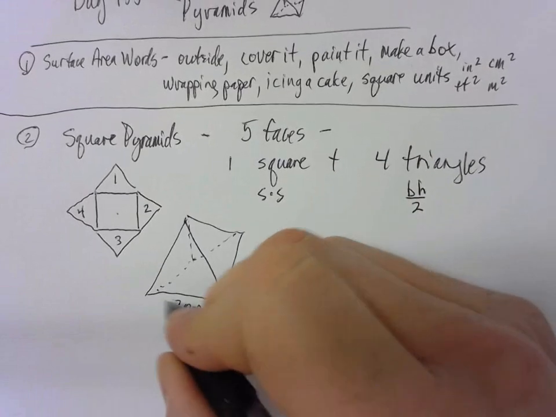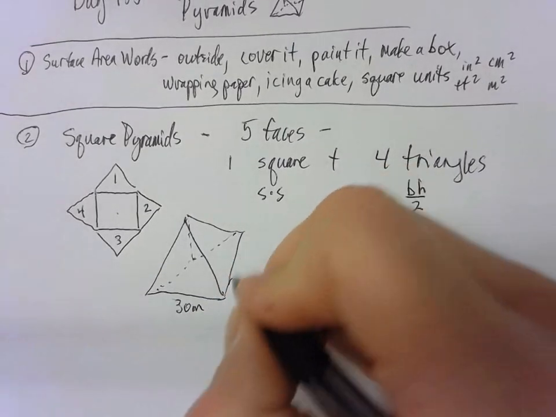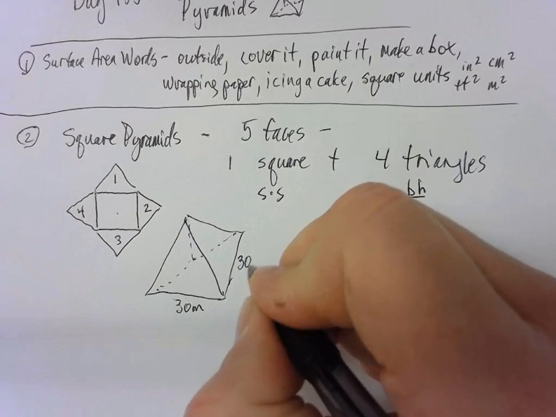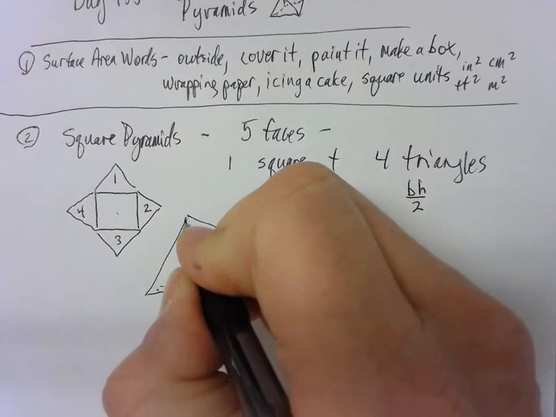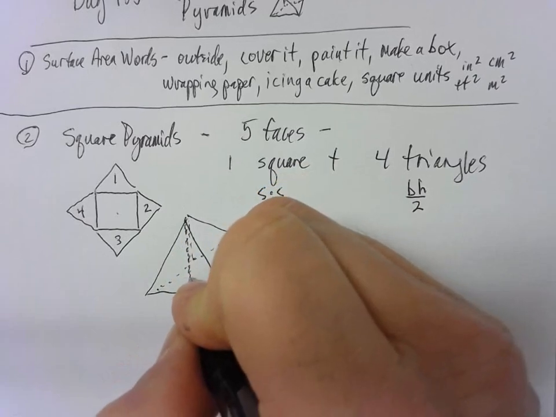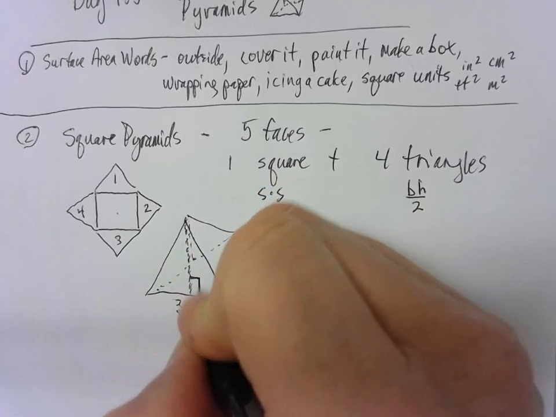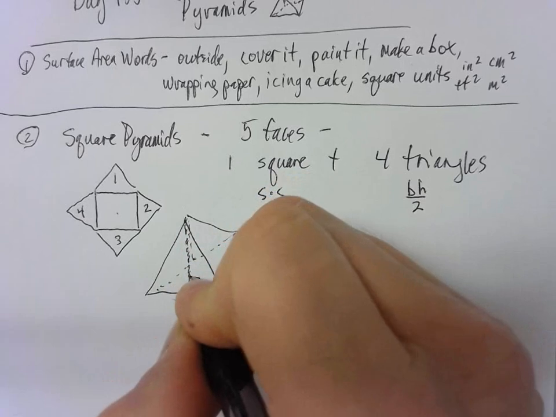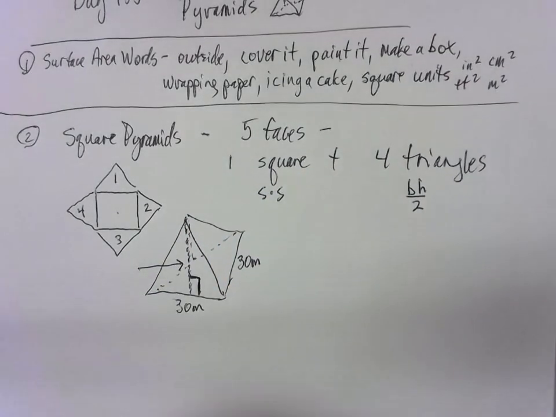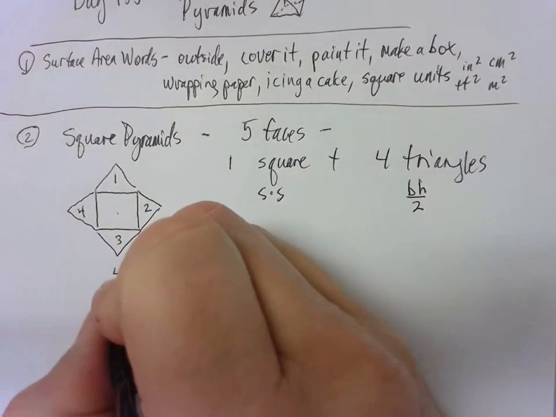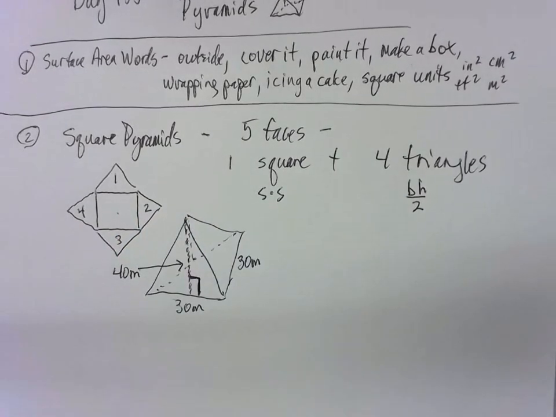Which of course if it's 30 meters there, it's going to mean it's 30 meters over here. Then they're going to have this lateral line coming down through here like we've seen before, with that little right angle thing on it, and they'll probably have a little arrow drawn in there and tell you that maybe that's 40 meters.